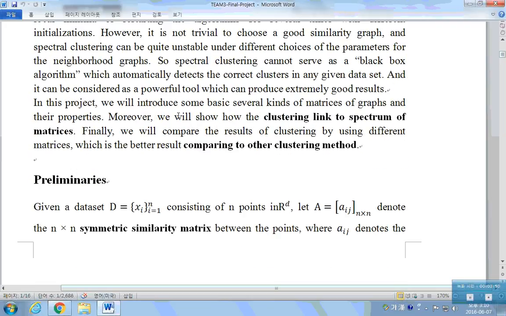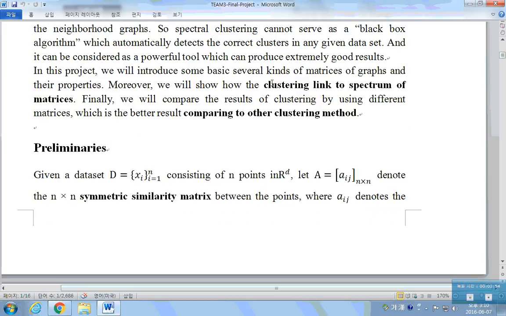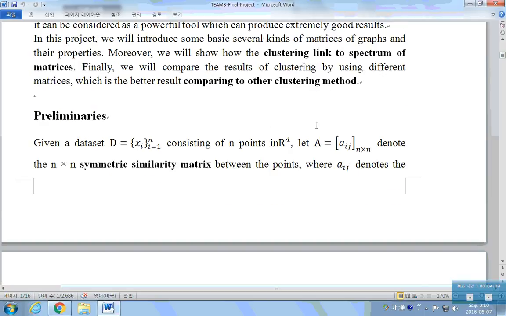So here we want to show how the clustering links to the spectrum of the matrix. And finally, we want to compare the results of spectral clustering using different matrices, and how its results compare to other clustering methods.